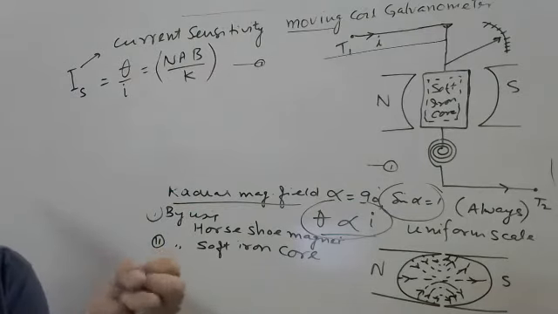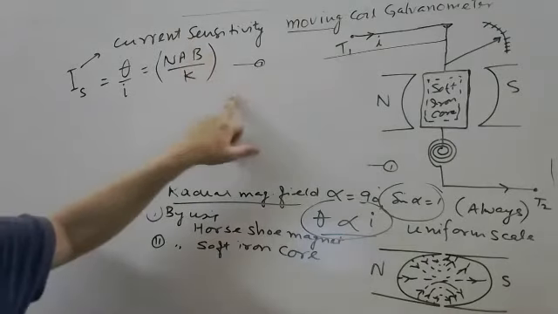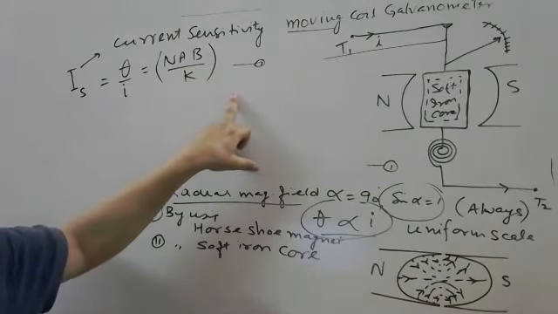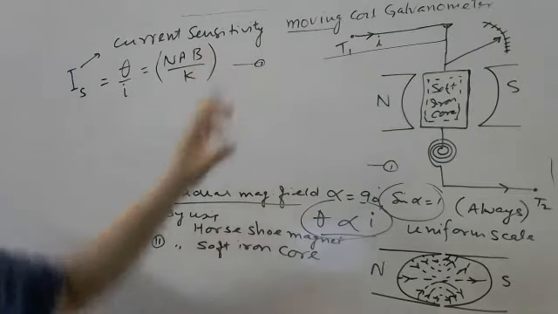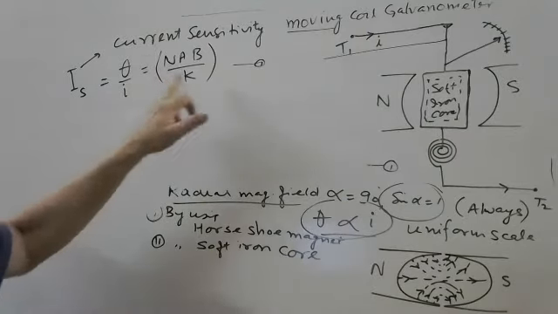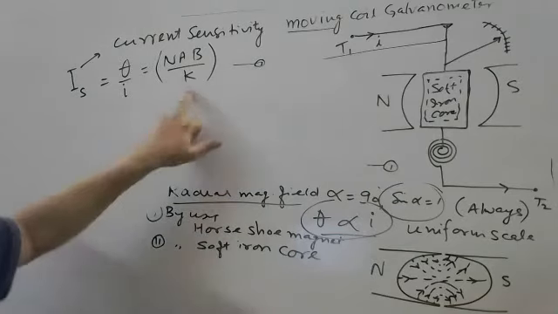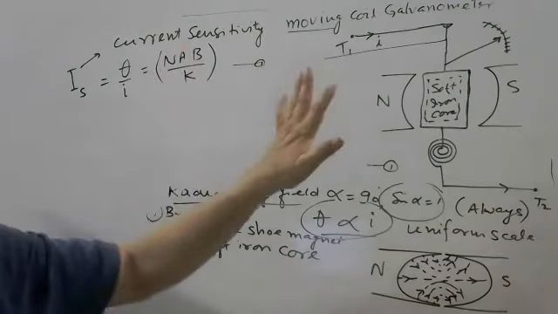While we are taking a very strong magnet, definitely cost comes. But we can increase the current sensitivity, no doubt. Practically we are not taking a very strong magnet. If you take the area of cross section larger, the size of this galvanometer is also large, again cost comes. So here we can change A, B and K, but not much. Got it? Because of the availability of that material and the cost also.